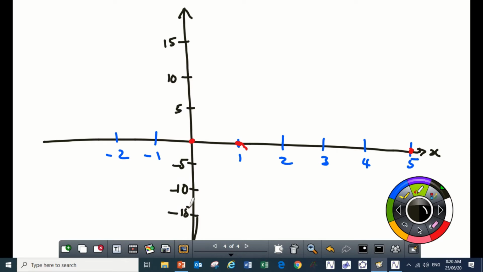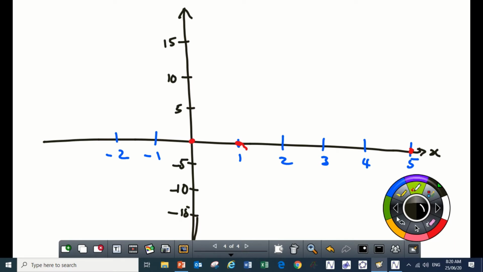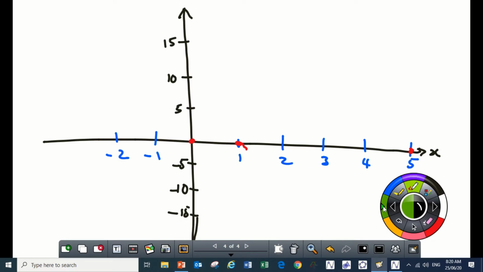So we put 0.47 and 1.13. I'm going to approximate 1.13 to be somewhere there. I want you to be aware that it's because of the scale of my graph.